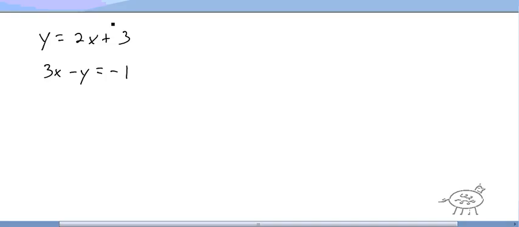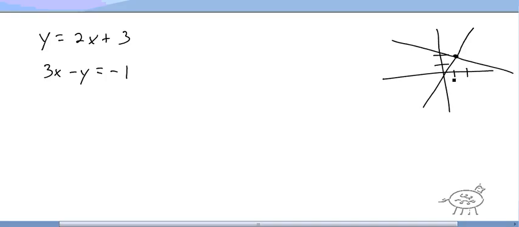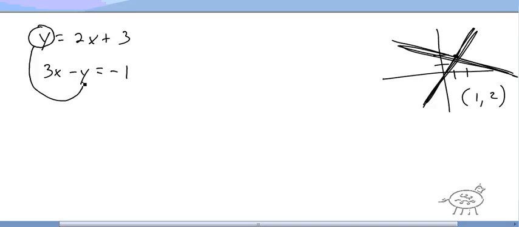Like when I did graphing, a quick example: if I had a graph and the two lines went like this and like this, the solution to this problem was (1, 2). So the x's and the y's are the same for this line and for this line. If they're the same, I can do a substitution. Literally, I'm taking this y and substituting it into the other equation for this y.